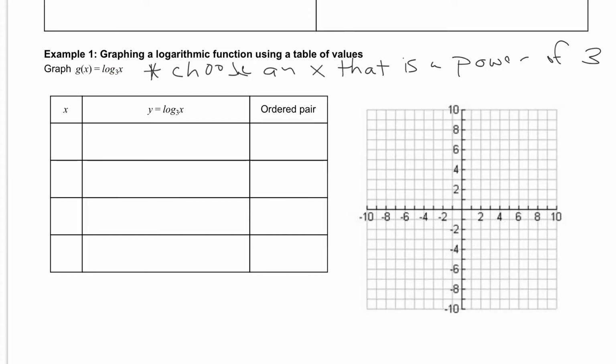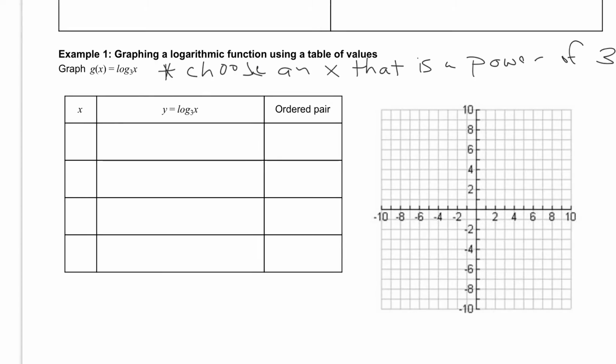Okay, so then let's go ahead and take a look at this function. I want you to think about what values we're going to choose. If I'm choosing powers of 3, we could do 3 to the first power, so we could choose 3 as an x value. We could do 3 to the second power, that's 9, so we could choose 9 as an x value.